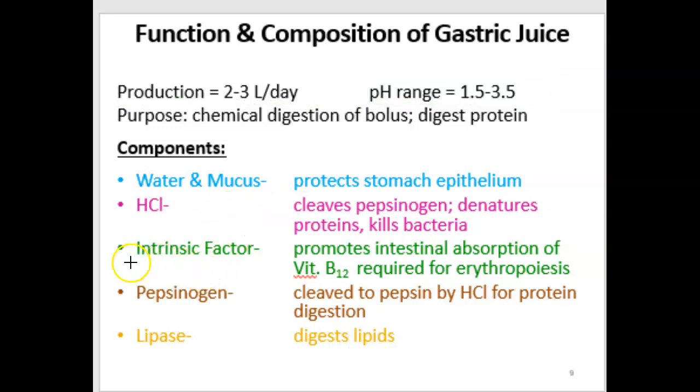Gastric juice is also made up of intrinsic factor and pepsinogen, which gets cleaved to pepsin, so a little bit of pepsinogen and a little bit of pepsin, both, and lipase, gastric lipase in particular, which will digest lipids. So in the mouth we had digestion of carbohydrates and maybe a little bit of lipids. In the stomach we have chemical digestion of proteins and a little bit of lipids.